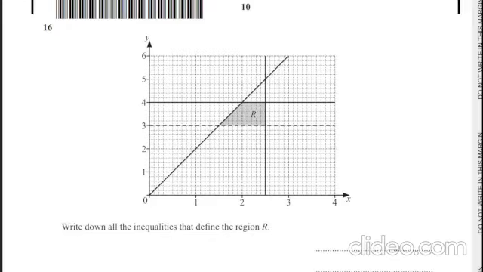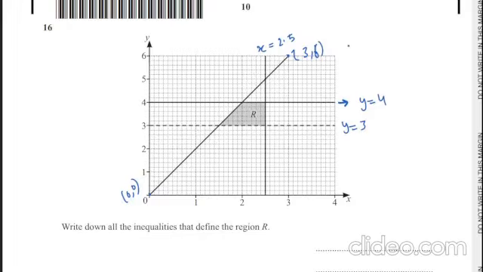So in this question we have to write down all the inequalities that define the region R. Here we can see the equations of the lines. The equation of this line is y equals 4, this one is y equals 3, this one is x equals 2.5, and this line passes through the origin, 0 0, and this coordinate is 3 6.